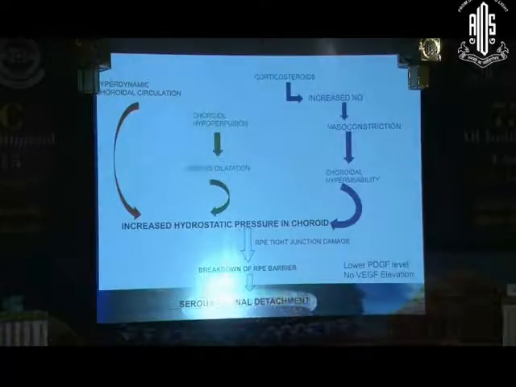And how the corticosteroids act: corticosteroids increase nitrous oxide, and this results in vasoconstriction of the choroidal vessels, which results in choroidal hyperpermeability and comes to the final pathway of increased hydrostatic pressure in the choroid, which damages the retinal pigment epithelium tight junction, resulting in breakdown of the RPE barrier, which causes retinal detachment.